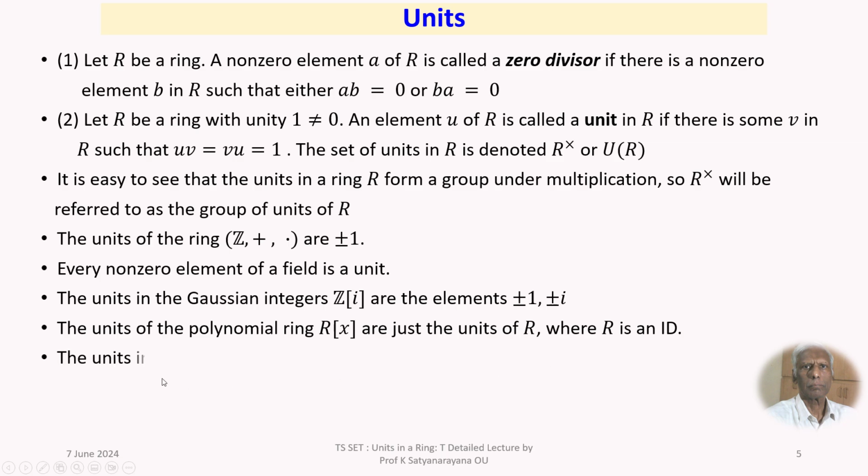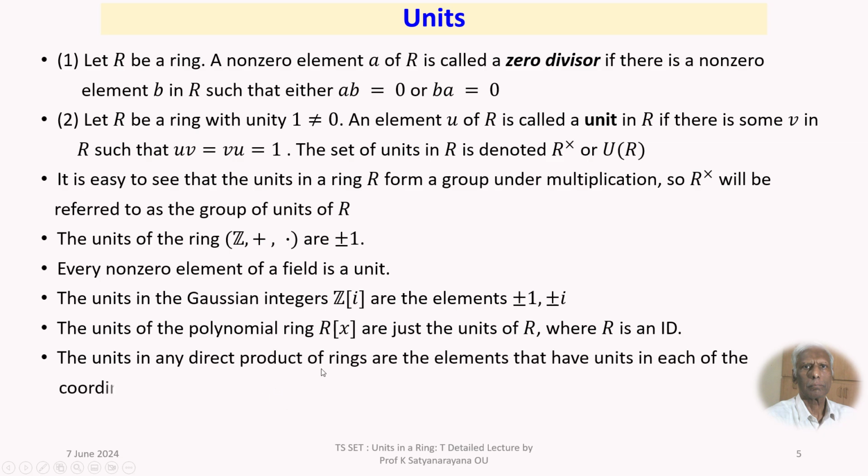Agreed. Now, suppose you talk about the direct product of 2 rings. Let us say R is a commutative ring with unity, S is a commutative ring with unity. You talk about the direct product R cross S. And what are the units in this R cross S?